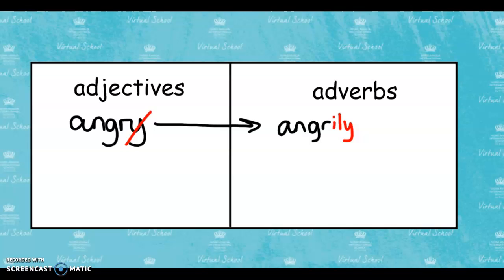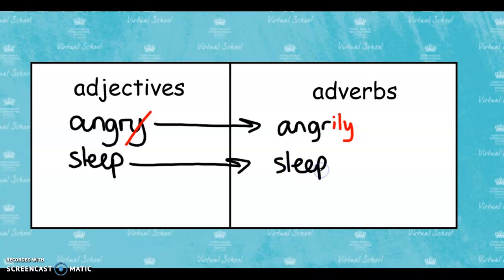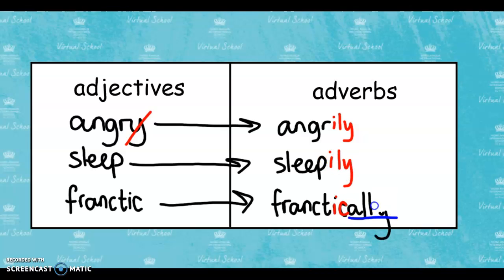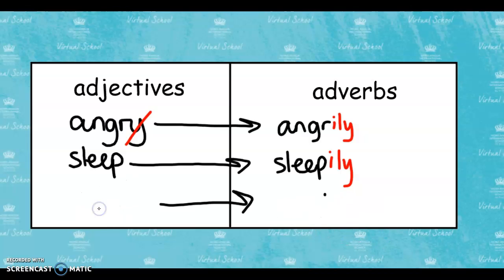Another similar one, sleep. When we make this into an adverb, again, we use most of the root word. Again, remember, that's the original word, and we add in ily. But as you saw in the video, there are some other words that had a slightly different rule.